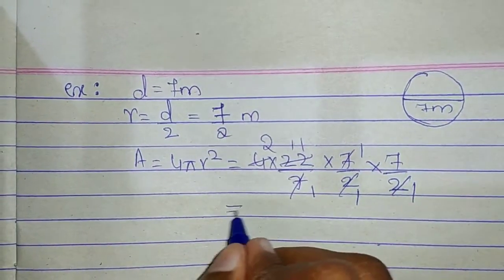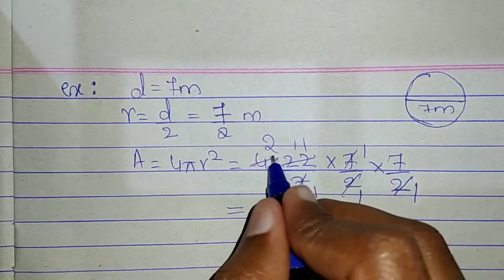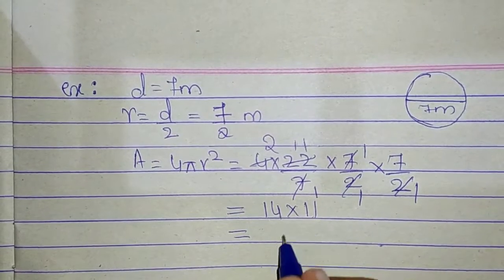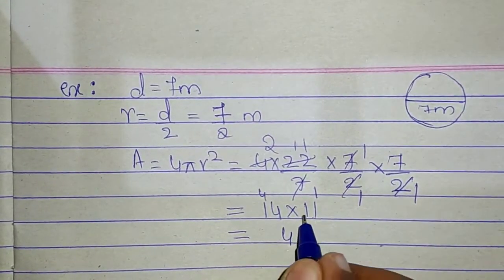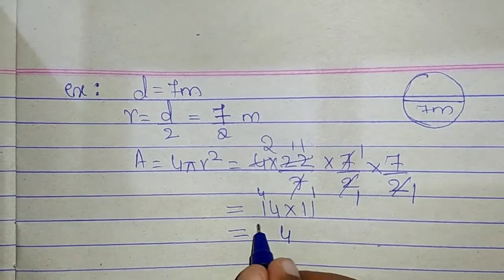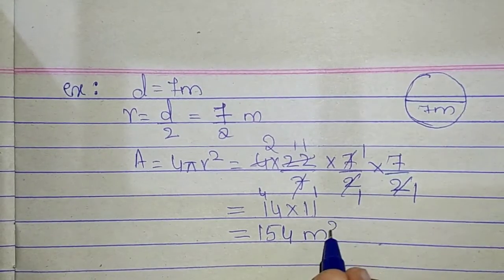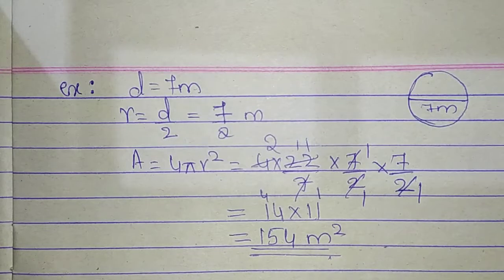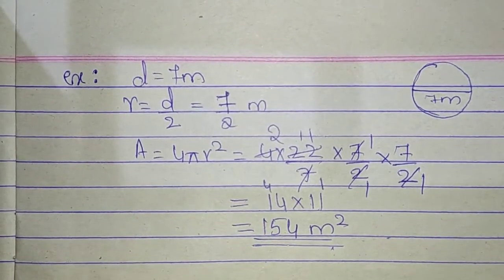So we have 14 into 11, which is equal to 154 meter square. So this is the area available for the motorcyclist to perform his stunts.